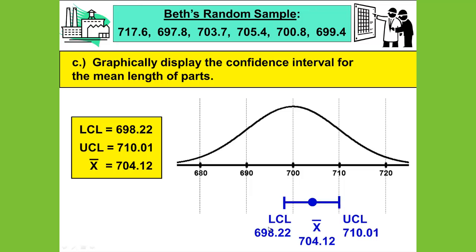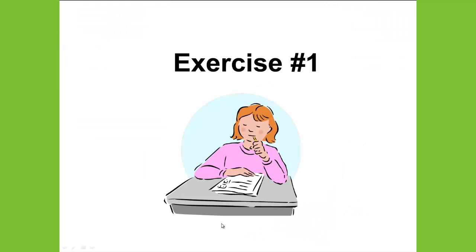We're going to pause here and review. We got the confidence interval and we looked at the graphical display of it, and we noticed that 700, the mean of our population, did fall into that confidence interval that we created. Now we're ready to move on to the next exercise.